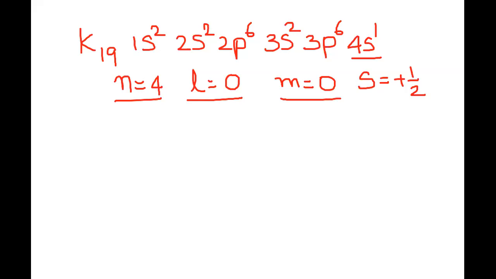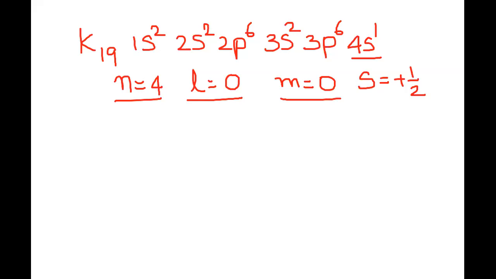Okay. Going the other way, if the set of quantum numbers is given, can we find out the atomic number, or the electron that we are talking of in the atom? Suppose this was the set of quantum numbers given to you. And it says that this is the set of quantum numbers for the valence electron for a particular atom.